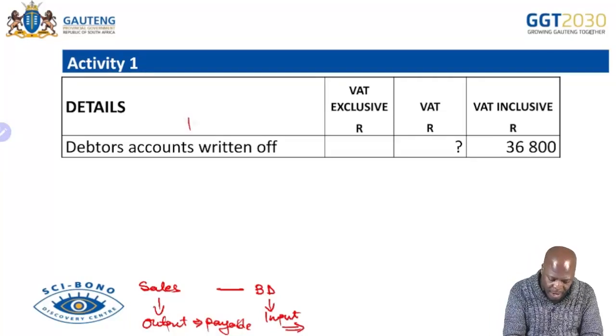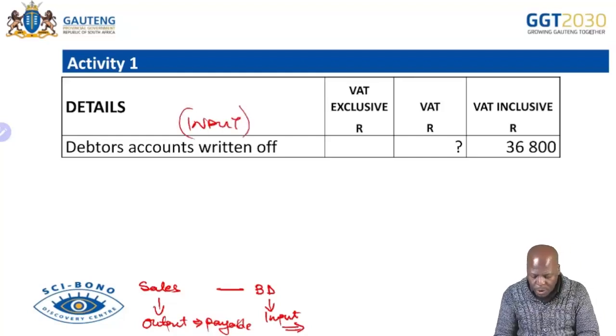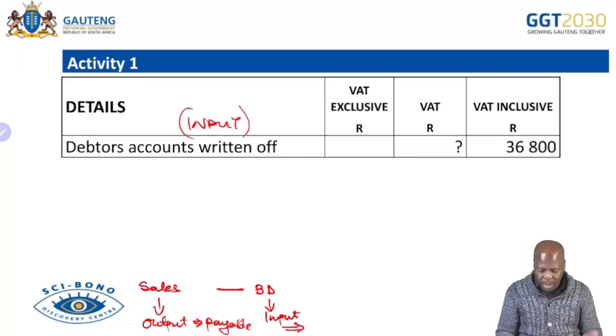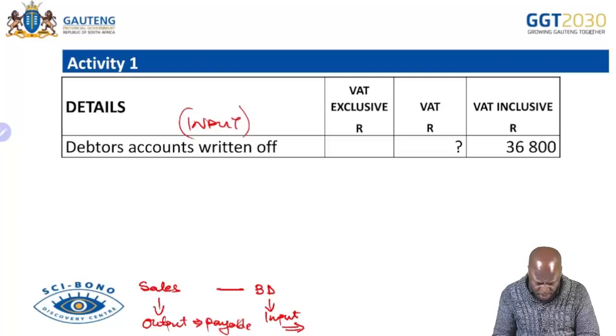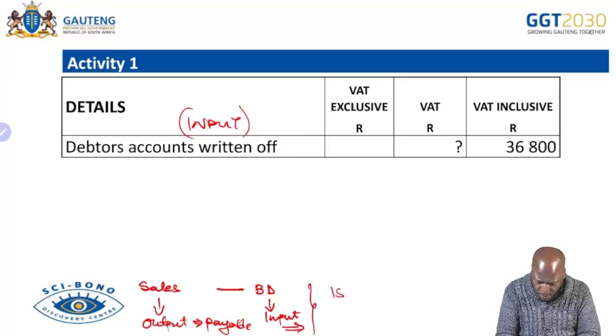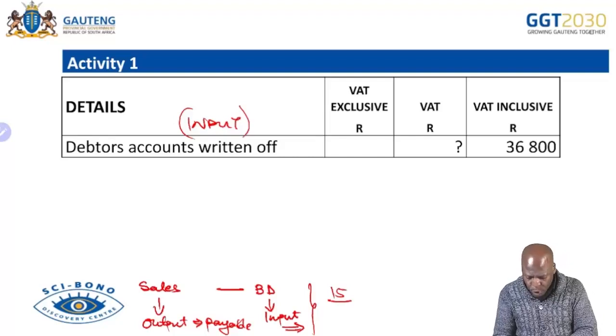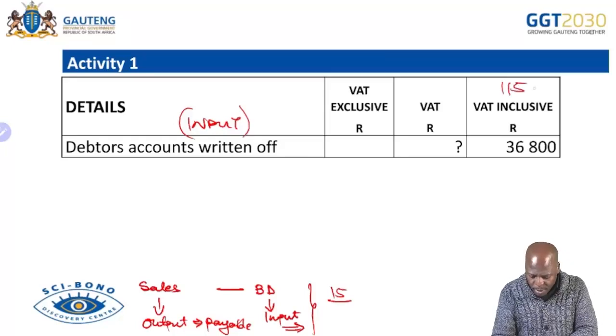So once we have that aspect sorted, here I'm dealing with input. Now we can calculate the VAT. What do I want? I want 15. What do I have? Inclusive, 115.